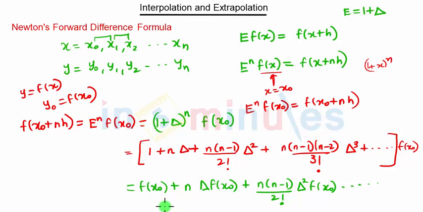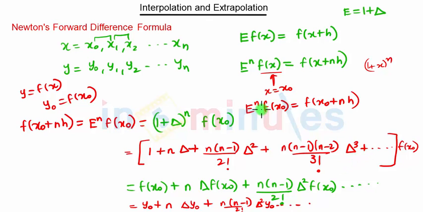Instead of f of x0 we are going to write y0. So we will have y0 plus n times delta of y0 plus n into n minus 1 upon 2 factorial into delta square of y0 and so on.